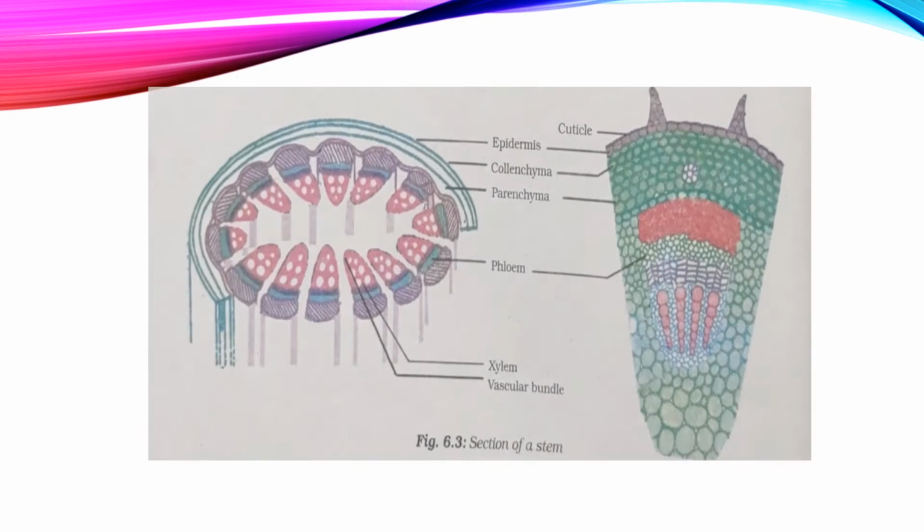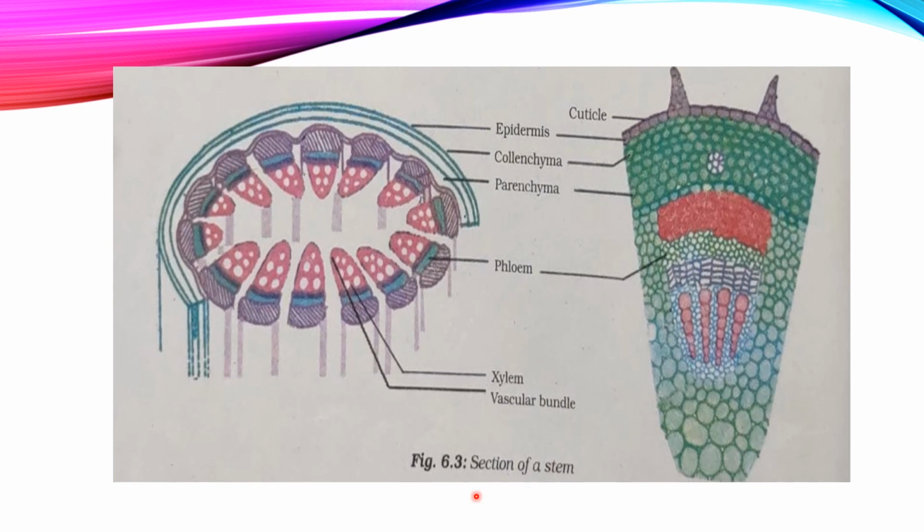Next, the section of stem in which we find the location of different tissues. Here it is epidermis. What is epidermis? The outermost layer, shown here. It has an outer cuticle layer that is secreted by these epidermal cells. Now here it is collenchyma.